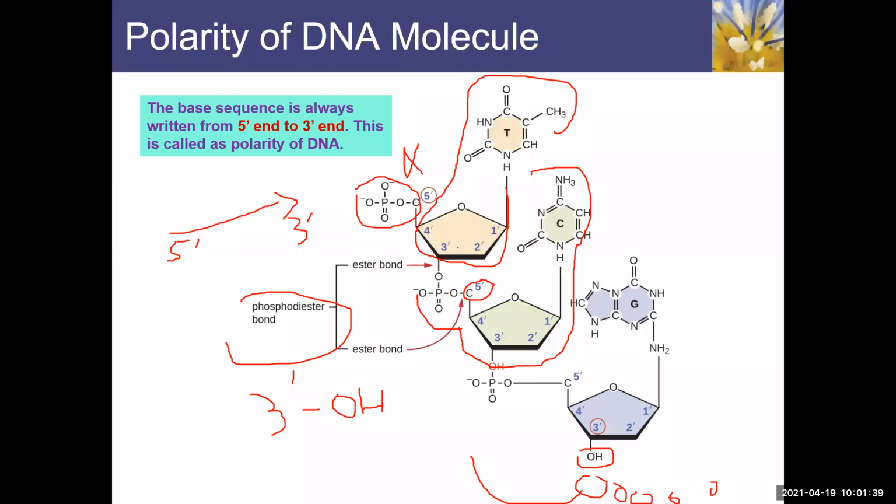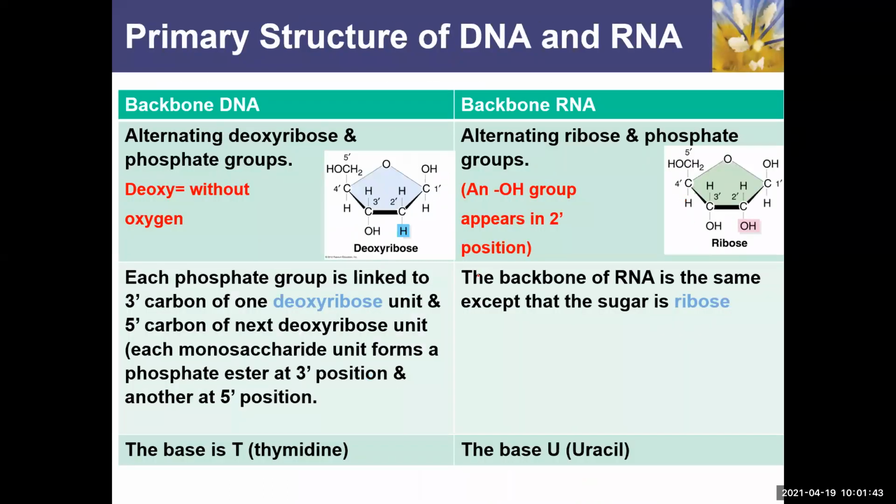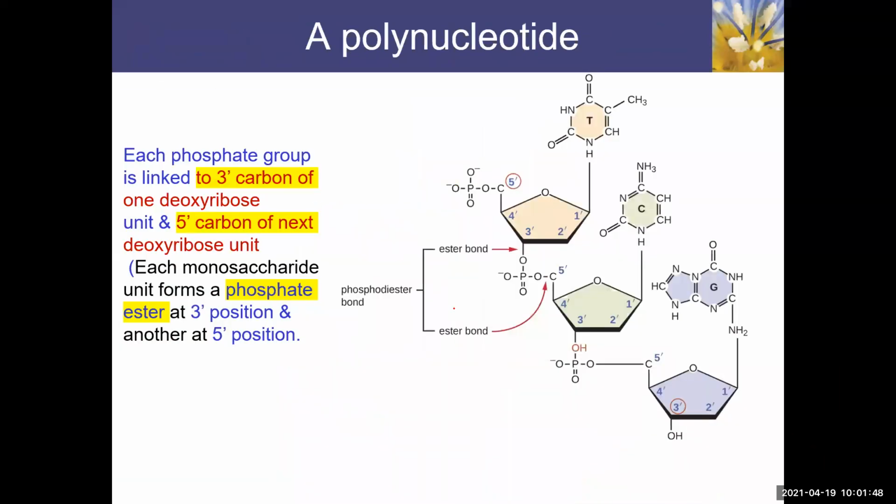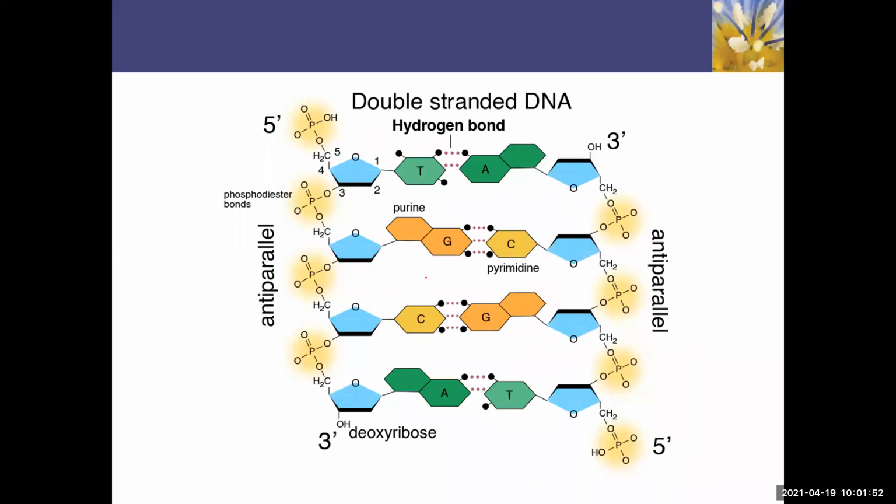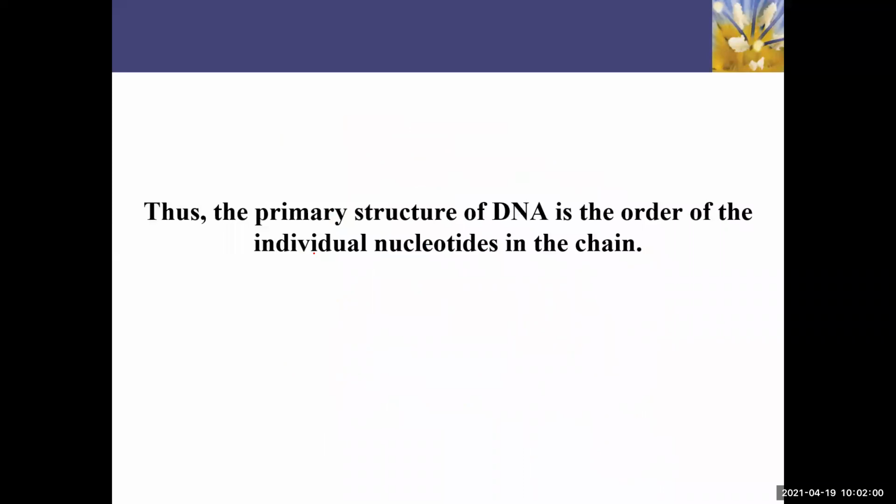So this is the bond here. Okay, we already discussed the structure of DNA and RNA. We discussed the phosphodiester bond. We discussed as well that the hydrogen bonds are 3 between guanine and cytosine, and 2 between adenine and thymine. So the primary structure of DNA is the order of the nucleotides in the chain.